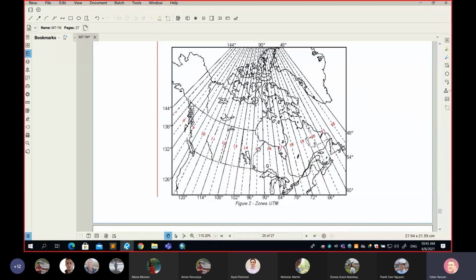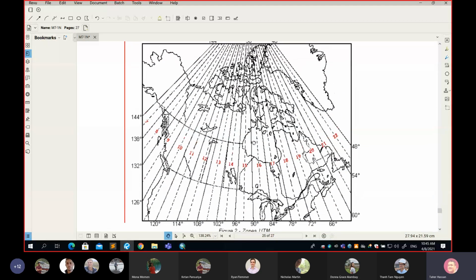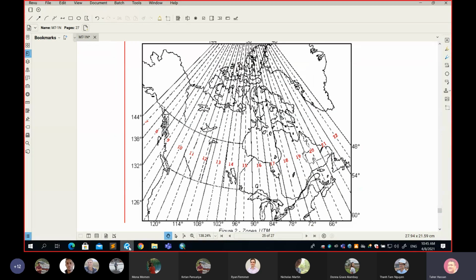Okay, 11. Okay, I'll give you one more chance. So here is this map. I leave it here. Take your time, read some numbers here, and then I'm going to take you back to my PDF file, and please tell me what the zone is.